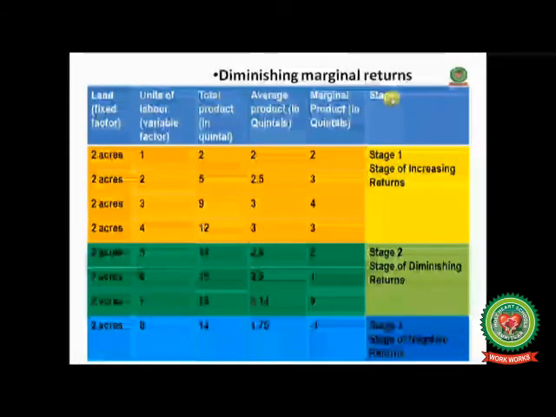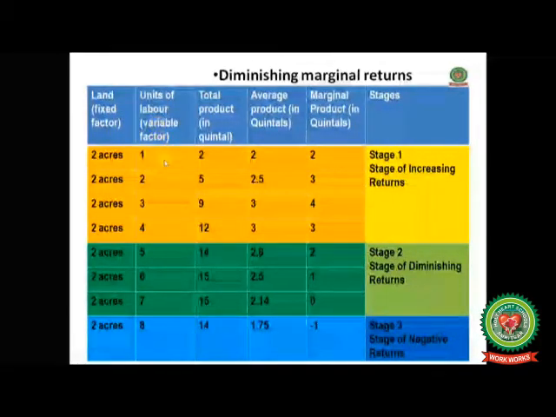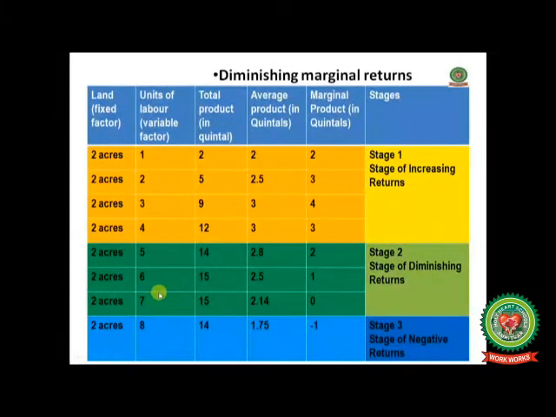So, diminishing returns: we have discussed that with the same piece of land, if units of labor continuously increase, firstly our total output will increase up to the 6th unit, and after that it will start falling. The per unit production will increase till the employment of 4 laborers, and after that the per unit production, meaning the production given by each and every laborer, will start decreasing.